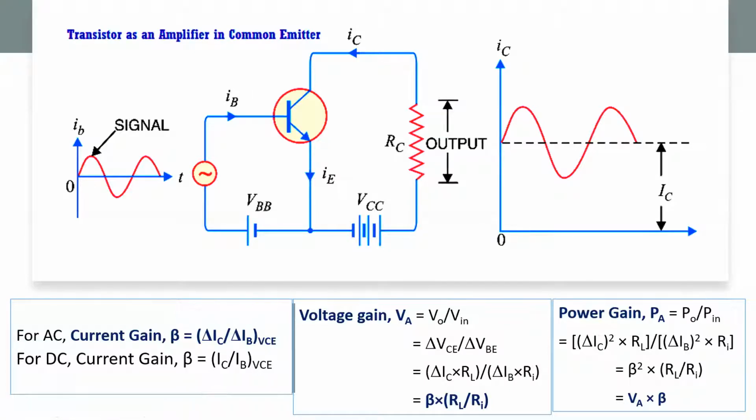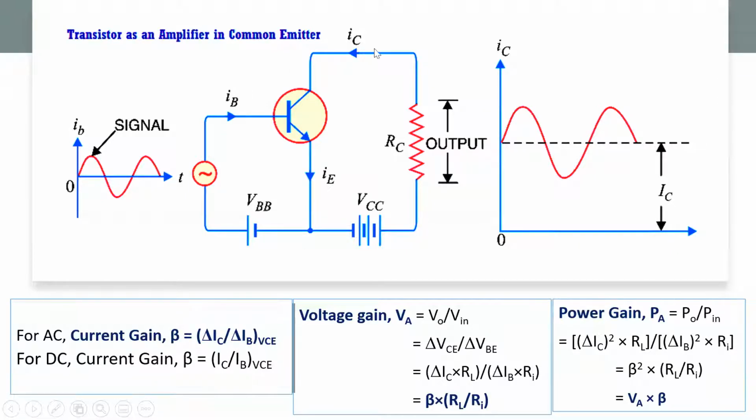So let us see how we can use this common emitter configuration as an amplifier. Here you have the common emitter configuration. We were discussing the current gain. Current gain is expressed by beta, and that is equal to output current by input current.